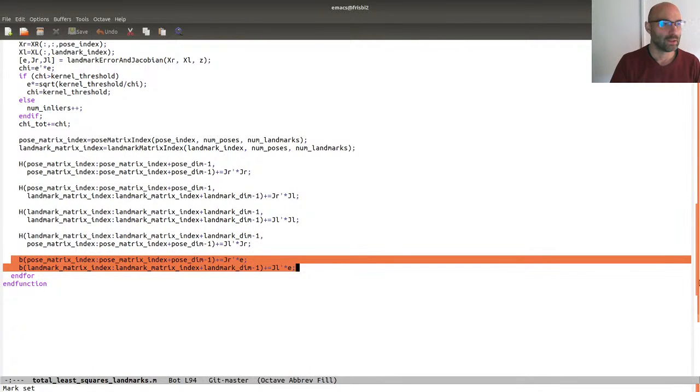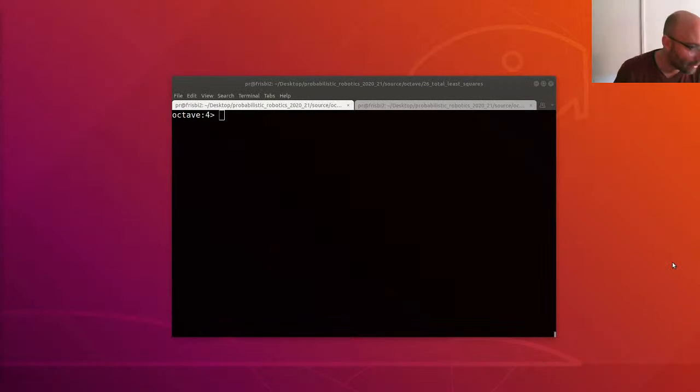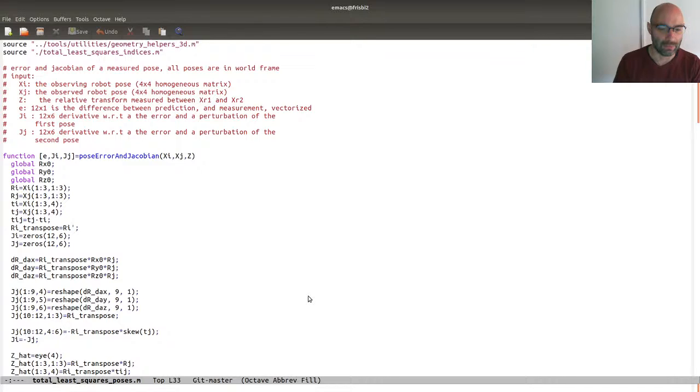Okay, very good. Then we proceed, and this will presumably assemble in the same system matrix the contribution of the pose landmark constraints. Then we will have the same for the projections.